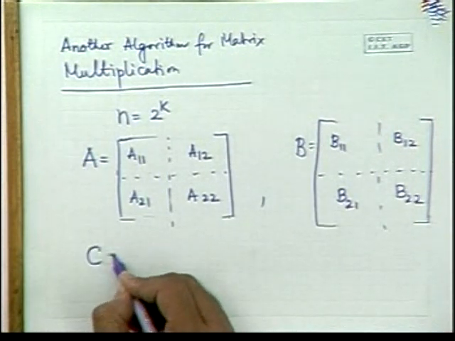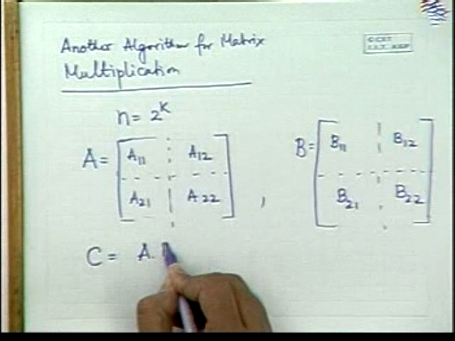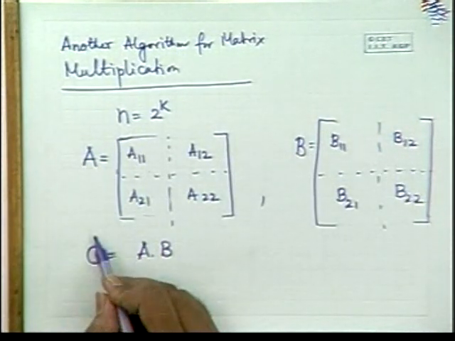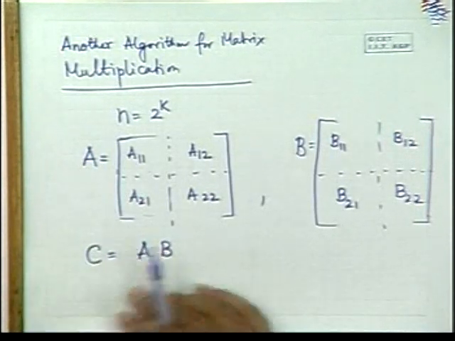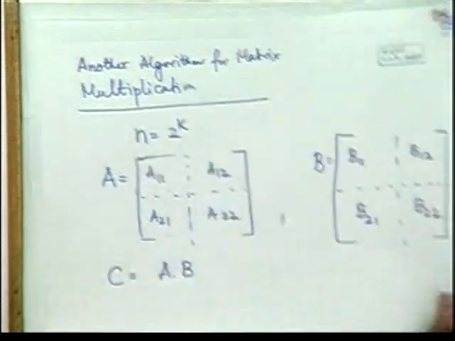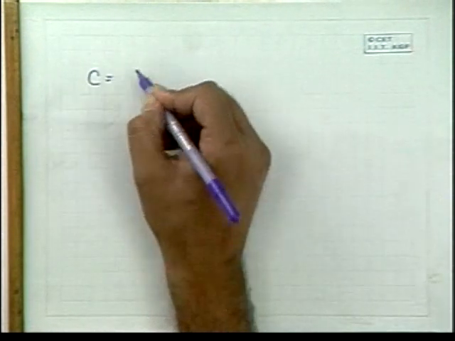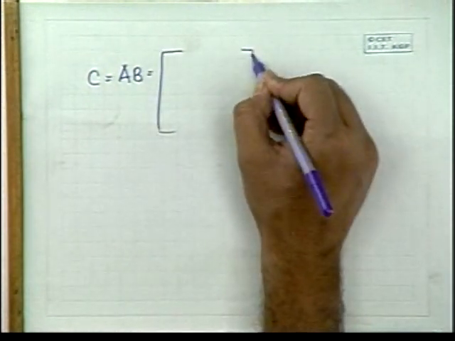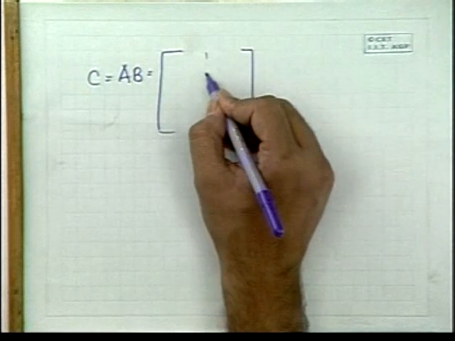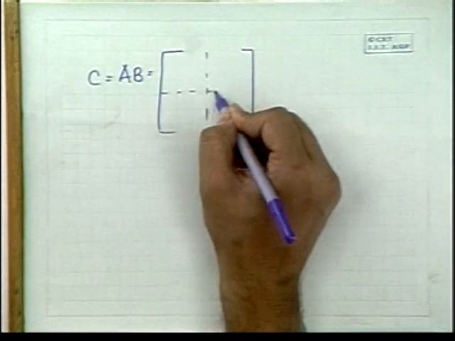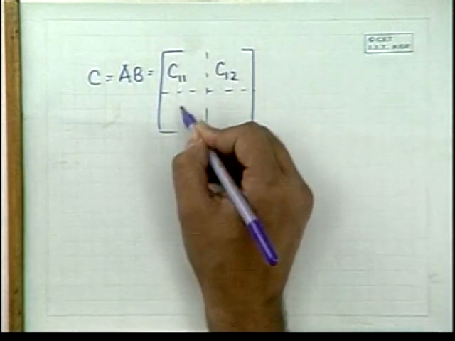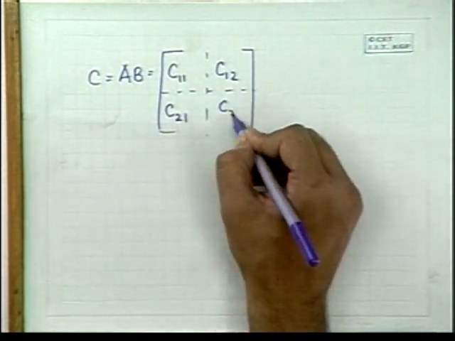Now suppose we write C is equal to A times B. So we want to compute the elements of C. So let me write C again into these 4 equal parts. So I am going to write C is equal to AB, which is again an n by n matrix, which we are going to divide into 4 equal parts, and we are calling these C11, C12, C21, C22.